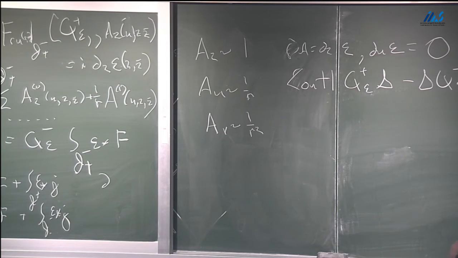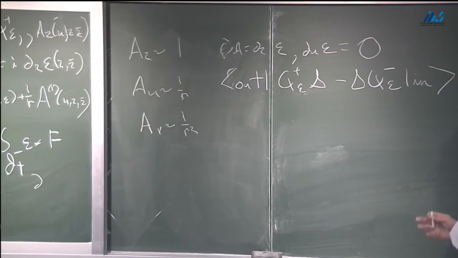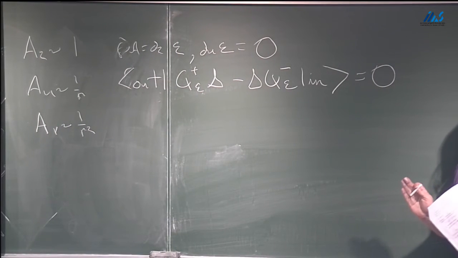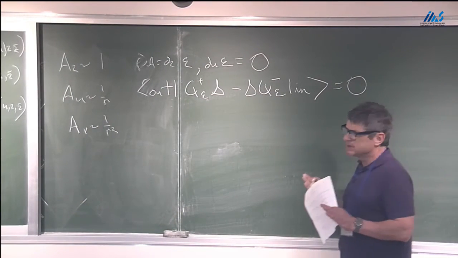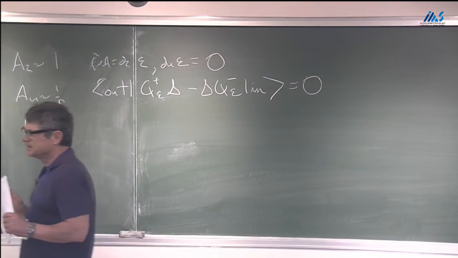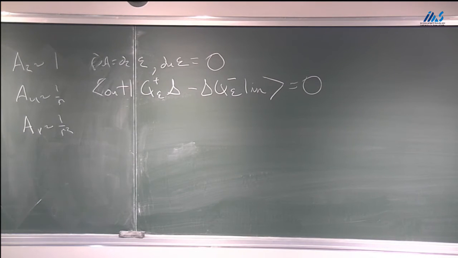This should be equal to 0 for any out state, for any in state, and for any function epsilon. So it sounds completely crazy that all theories with abelian symmetries would have an infinite number of relationships among their S matrix elements, except for the fact that this very identity has been known in a wildly different presentation for 80 years now, Bloch and Nordsieck, Low, Weinberg, whatever.